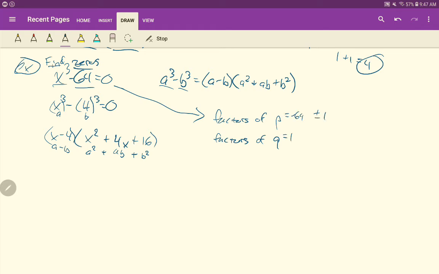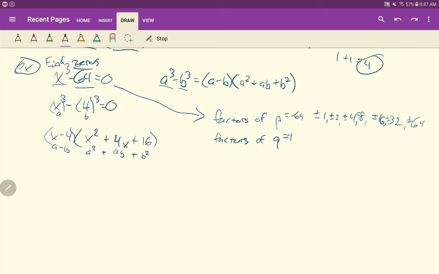So you'd have plus or minus 1, 2, 4, 8, 16, 32, and then plus or minus 64, and then q would be plus or minus 1. Okay, so you'd have to guess and check those. You can also look at your graphing calculator. If you just graph this thing, if you graph your original polynomial and just see where it equals 0, that can also help you figure out what your zeros are too.